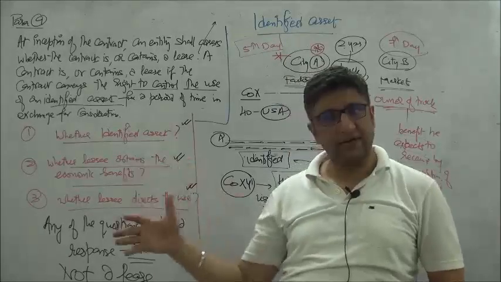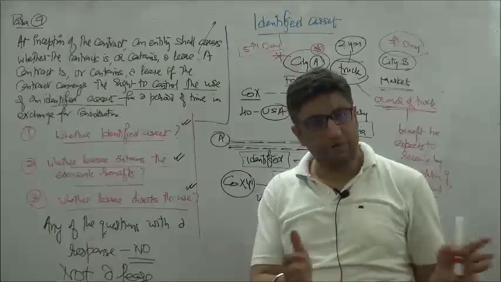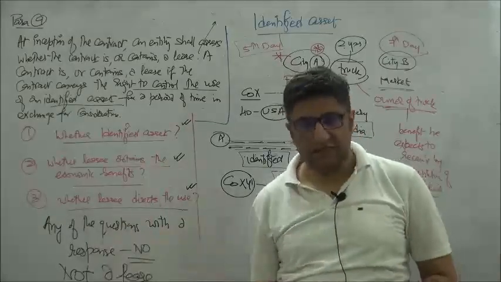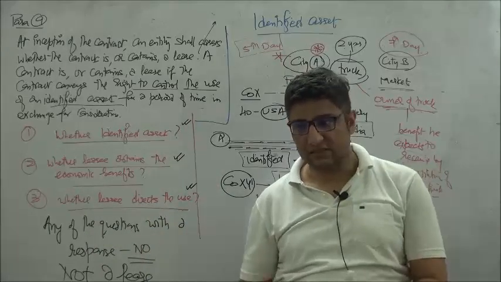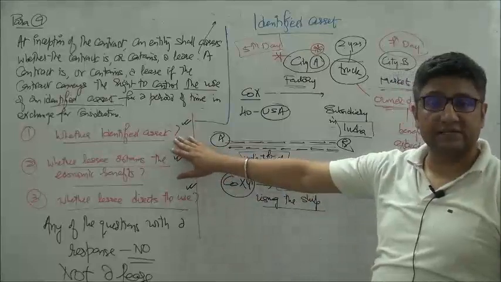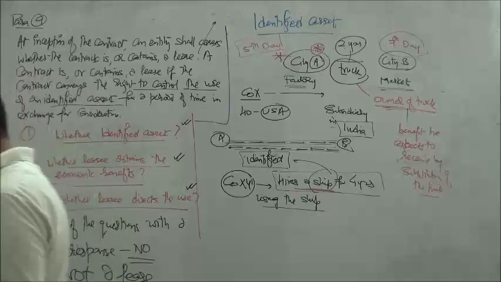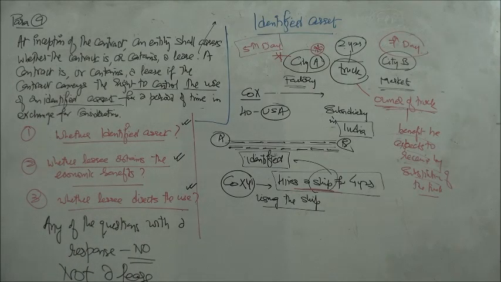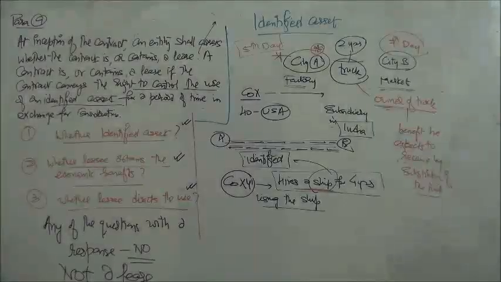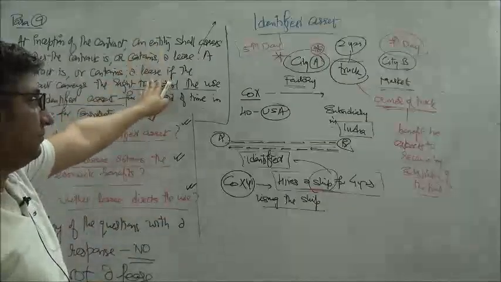If the mall owner has a right to change my location from the original location to somewhere else because he might be receiving some extra rentals, and if he has a discretion like that, it means that it doesn't remain an identified asset, but becomes a general asset, and it would not be considered as a part of a lease anymore.